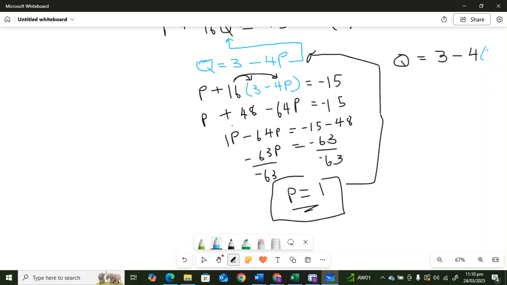So 1 times negative 4, that is negative 4. 3 minus 4, negative 1. So P equals 1, Q equals negative 1. Questions, queries.